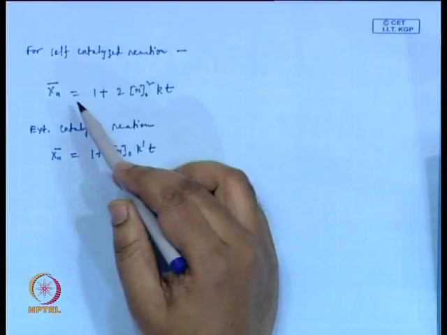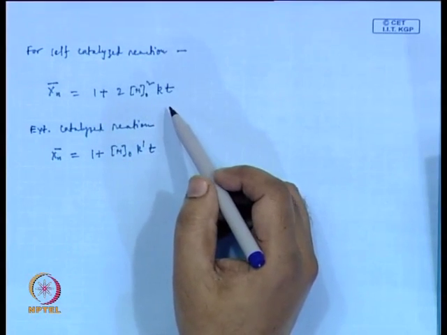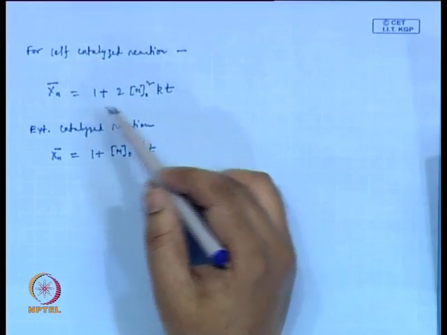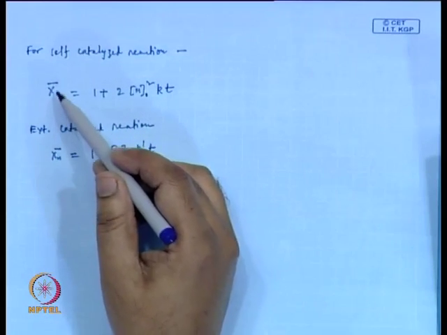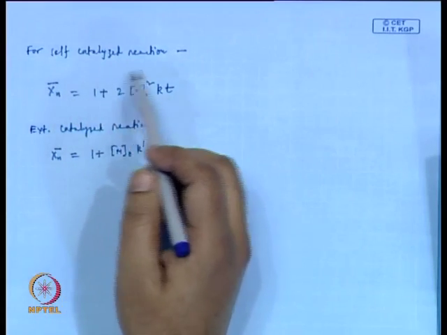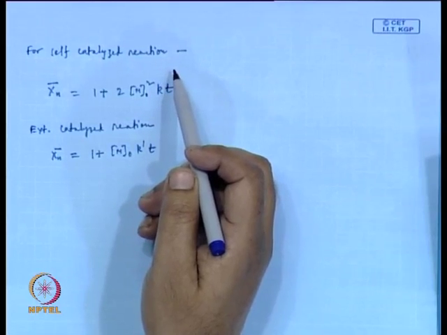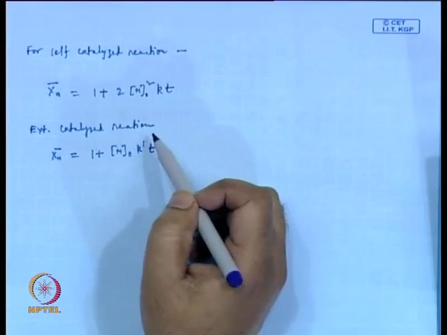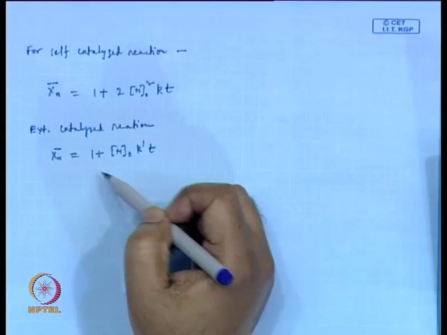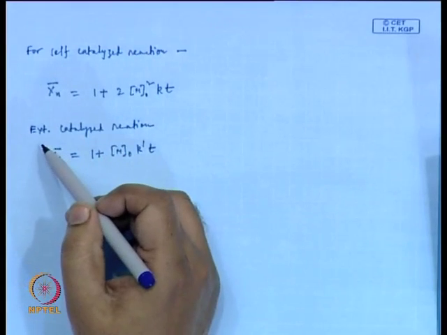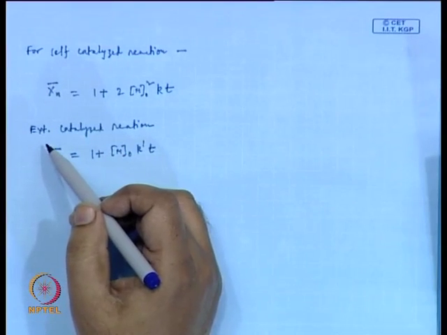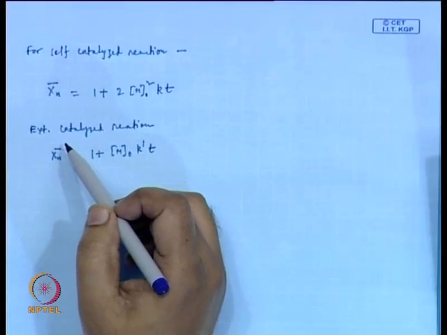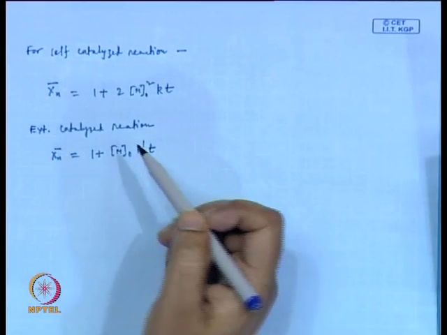Now, from these two equations we have seen in the last class itself that it is very difficult to build a high molecular weight, a high value of Xn bar, for a self catalyzed reaction, and that is the reason in most cases industrial polymerization takes place in the presence of a catalyst which is added from outside the system.